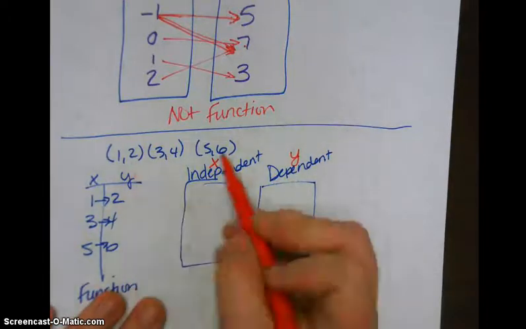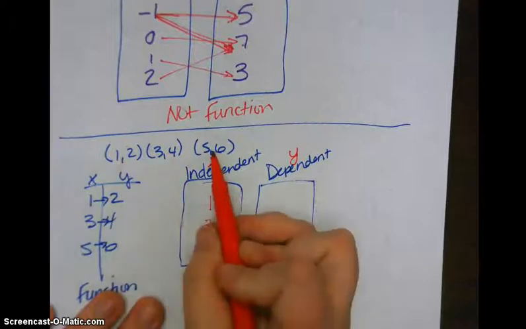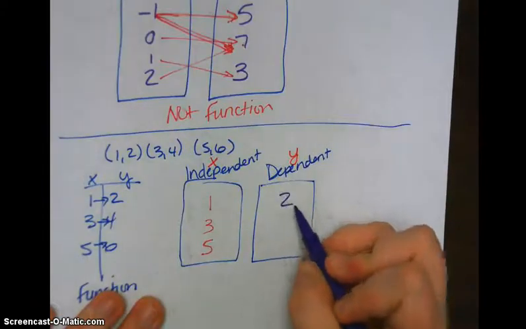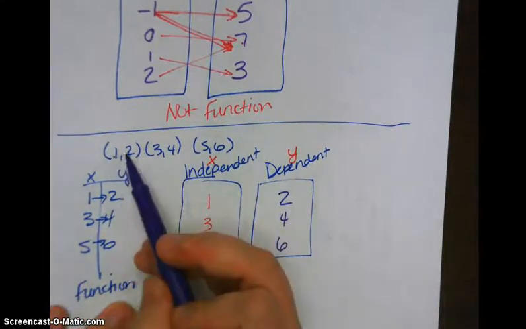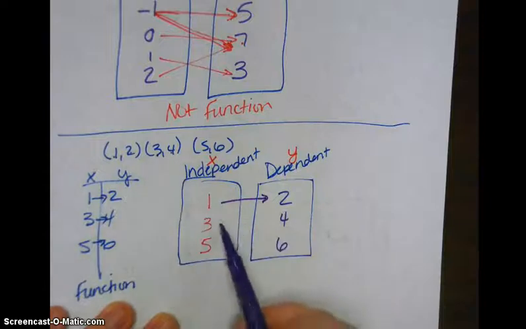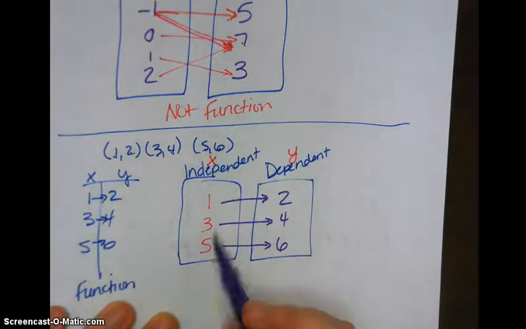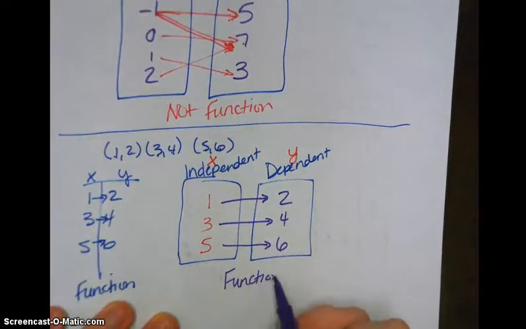I have the values straight from the points, 1, 3, and 5 that are my independent, my x values. My y values are 2, 4, and 6. x value 1 goes with 2, so I'd map it like this. 3 goes with 4, so I go across like this. 5 goes with 6. Every x value only goes to one y value, so therefore it is a function based off of mapping.